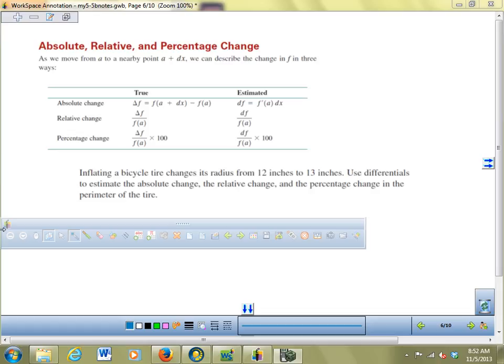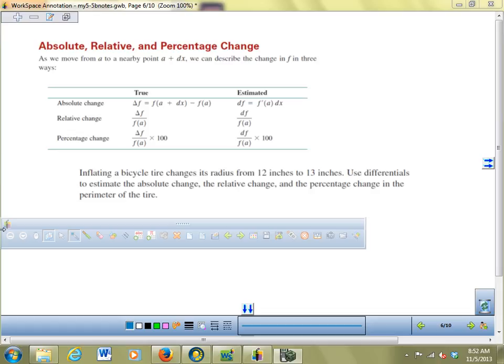To find the relative change, that's the change with respect to the value of the function, and that will come out to be a decimal number. So f of a is the value of the function at that point, because you're trying to see what decimal part it changes by. If you multiply that number by 100, you get the percent change.